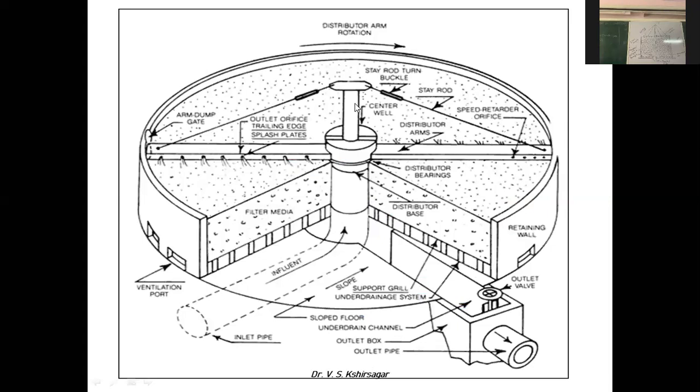It is coming to the top, and this is the rotating pipe through which water is being sprinkled throughout the surface of the rocks, and this will percolate towards the bottom, and the under drainage system is nicely shown here, through which you can collect the filtered water. Okay, see this figure properly, then we'll go to the next point. Next figure.